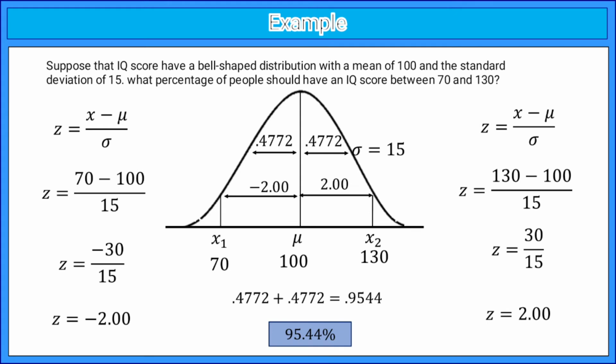It means our percentage will be 95.44%. You're just going to move the decimal point to the right 2 times. So here will be our final answer.